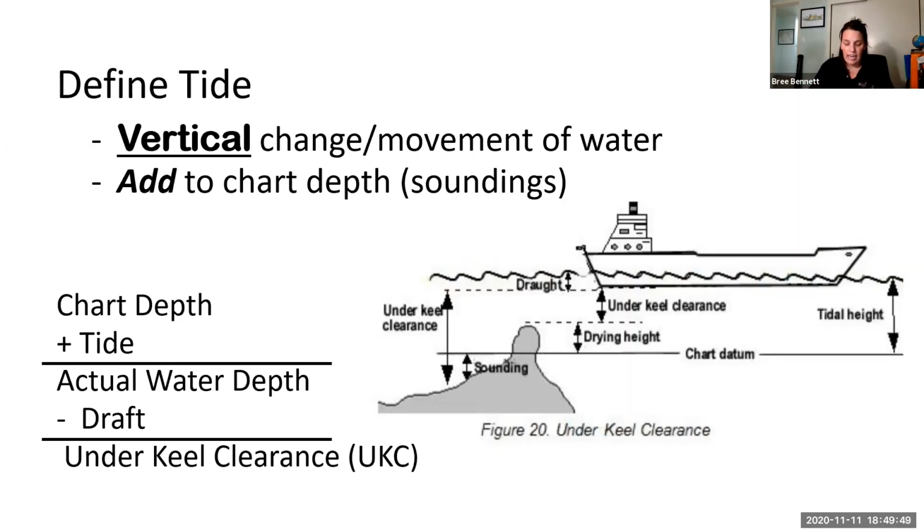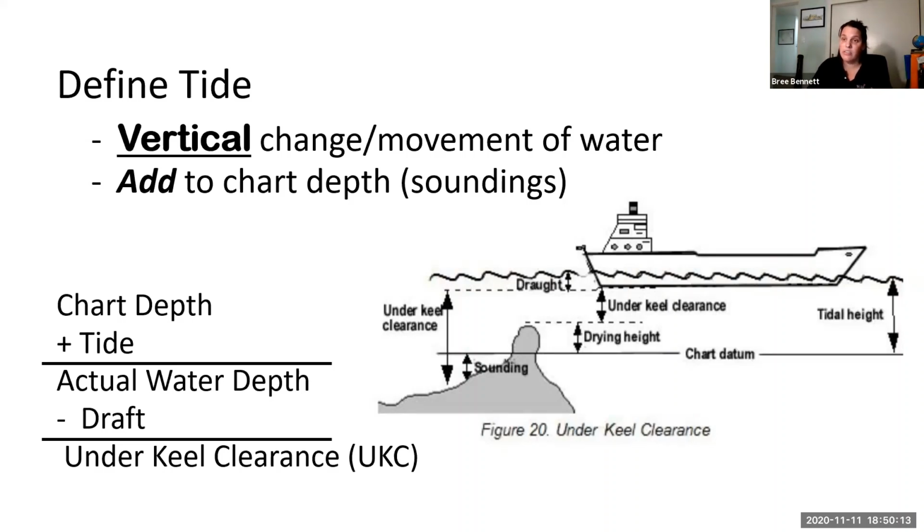That says, okay, I want an under keel clearance of 5. If my tide goes below 2 feet in this certain crossing, this bar or something, then I can't go there. So I need to know what my tide is doing so that I have enough under keel clearance, because that's when we run aground, right?